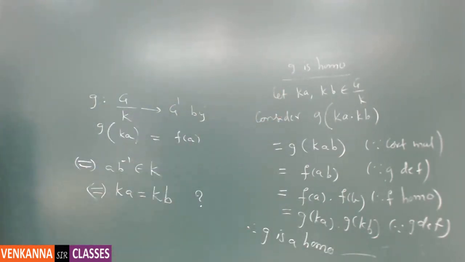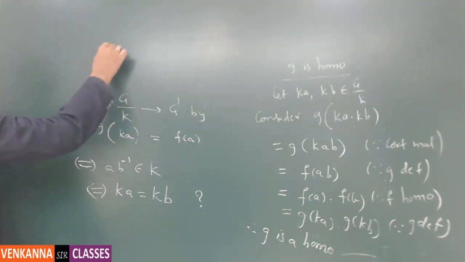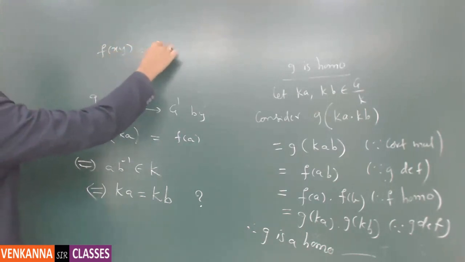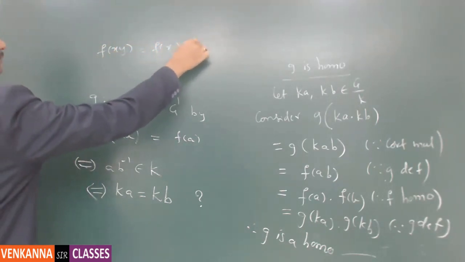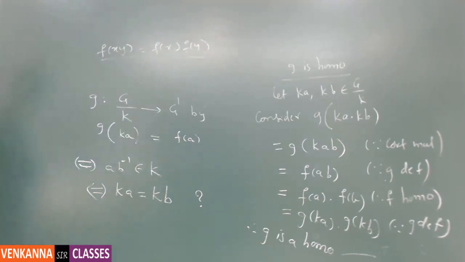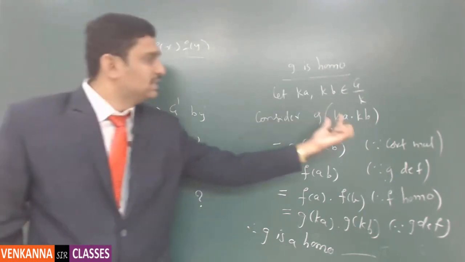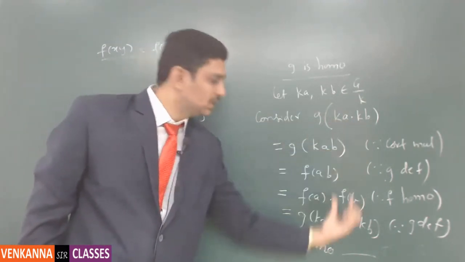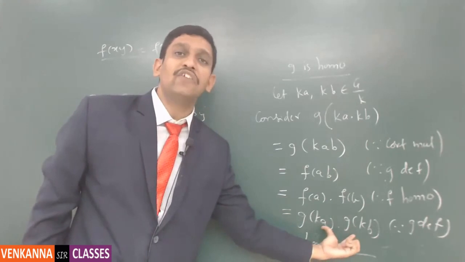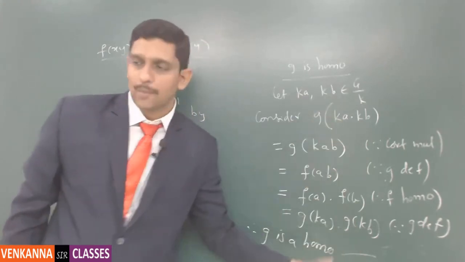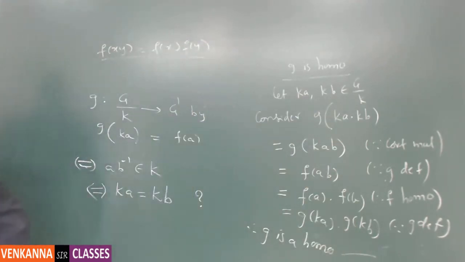Because what is the definition of homomorphism? We have to show that f of xy is equal to f of x into f of y. So whenever you take the product of two elements inside, it is equal to the individual product. So this is the product of two elements. It is equal to the individual product. Therefore, it is a homomorphism. Clear?